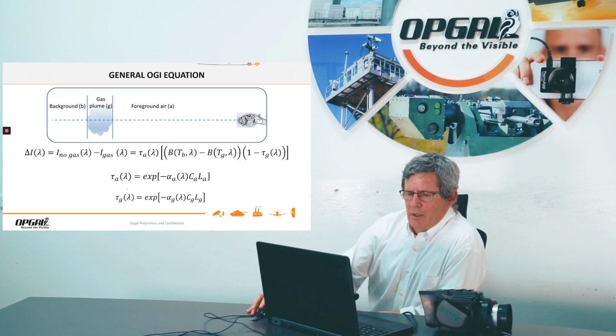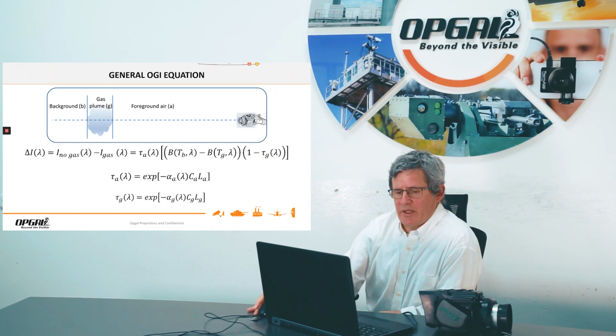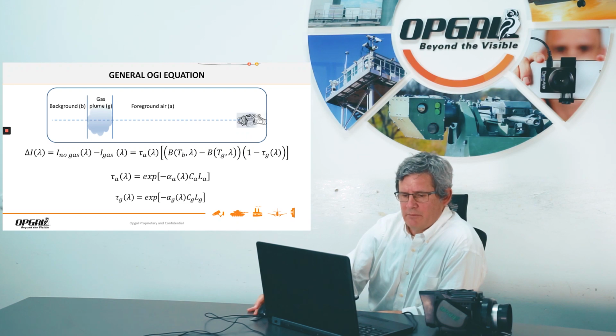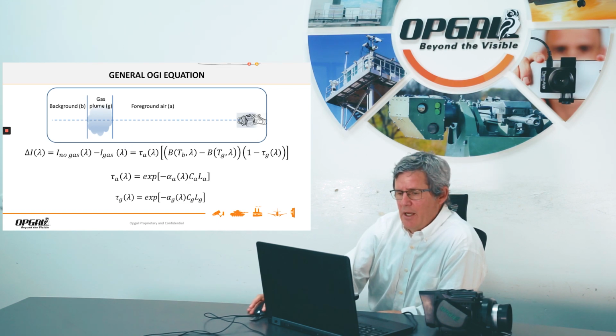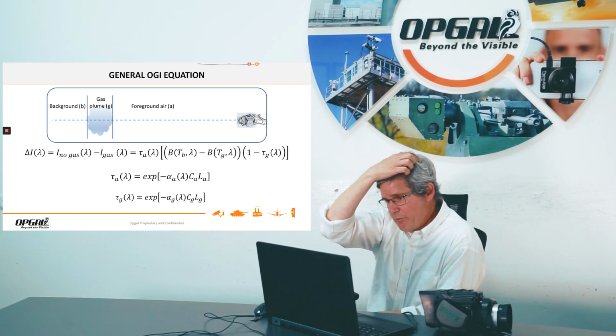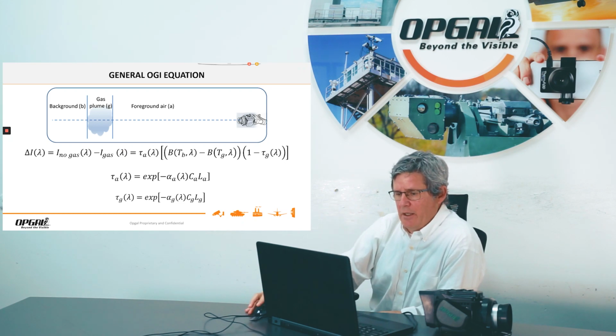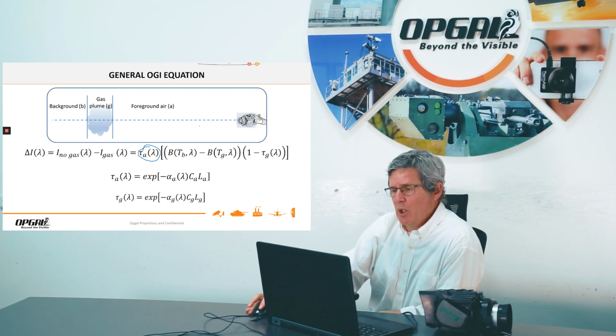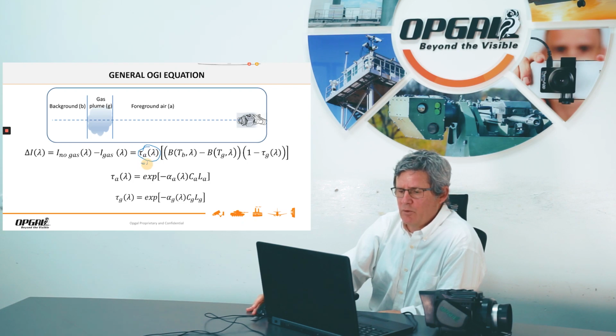So if we take the difference, what is the contrast? The contrast that reaches the camera lens. The contrast is the spectral radiance when we don't have the gas, minus the spectral radiance when the gas plume is present. And if we write the two equations from the previous slide over here and rearrange it, we can see that this is the transmission of the foreground, and when we are very close range to the gas plume, this may be assumed equal to 1.